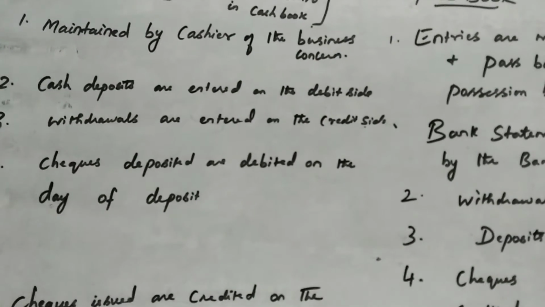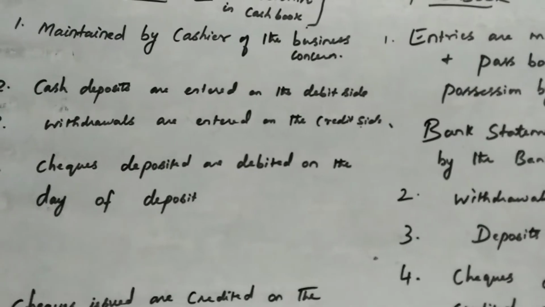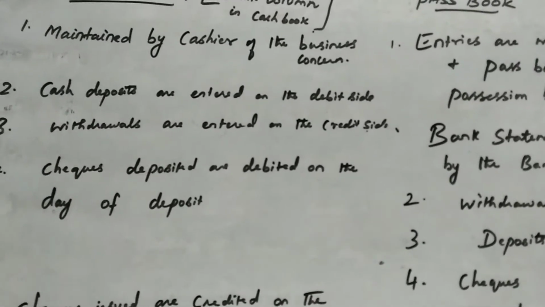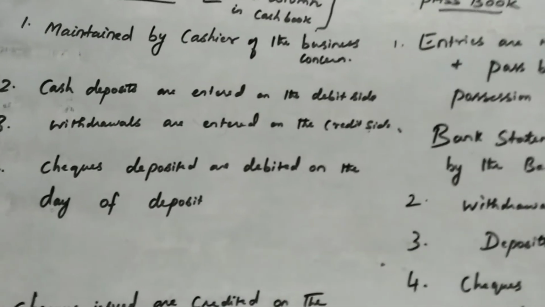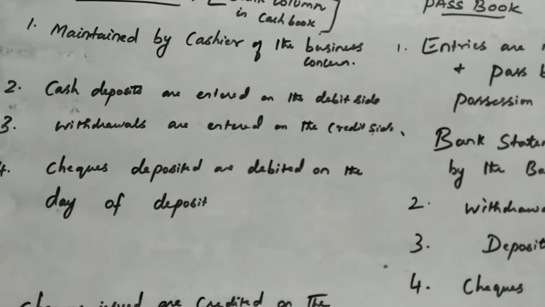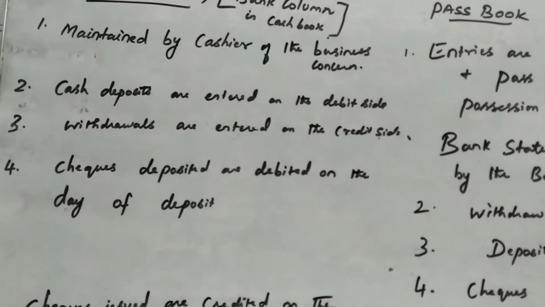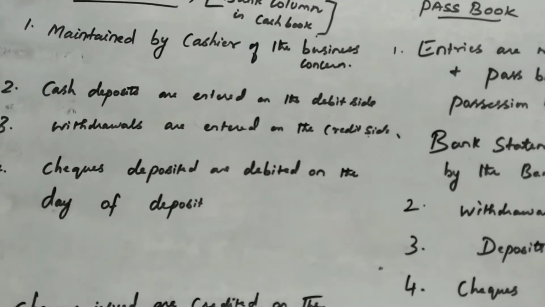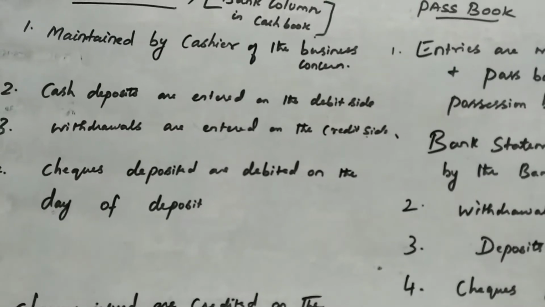So as I told you, in this case, I am depositing the check only on 11th of Jan. So in my cash book, on the receipt side, I will make an entry on the 11th of January. So checks deposited are debited on the day of deposit.